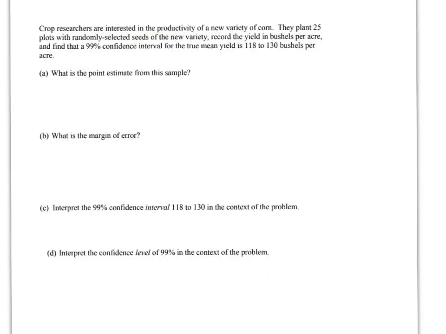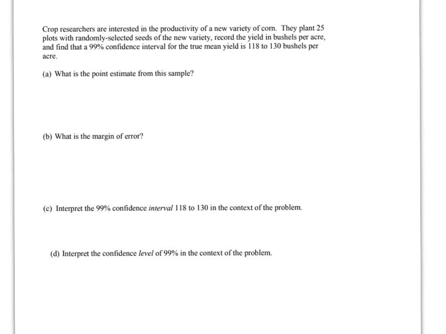All right, and here's the last example related to 8.1. So crop researchers are interested in the productivity of a new variety of corn. They plant 25 plots with randomly selected seeds of the new variety, record the yield in bushels per acre, and find a 99% confidence interval from 118 to 130. Right, 99% confidence with the 25 plots. A says, what's the point estimate from this sample?